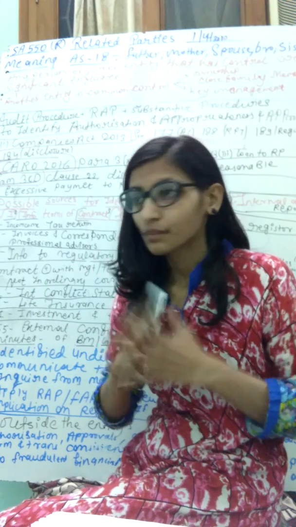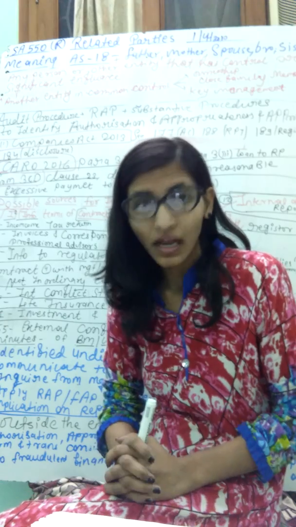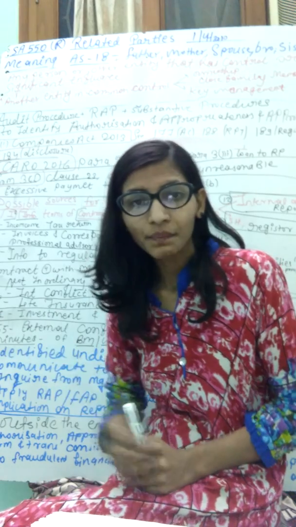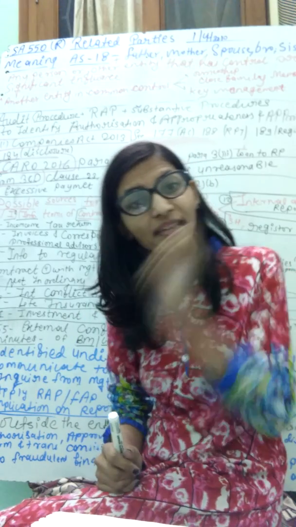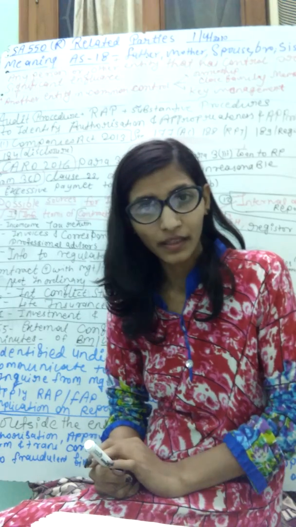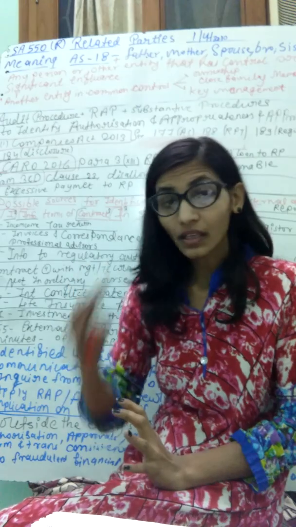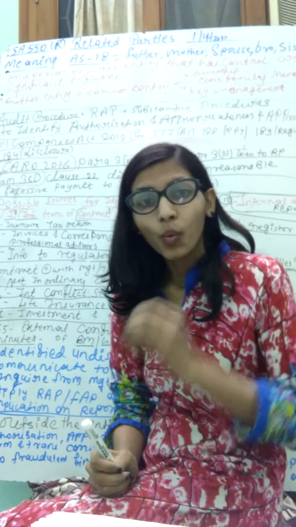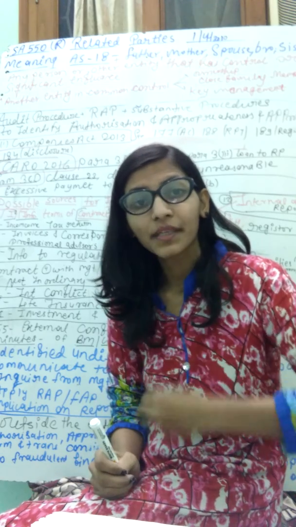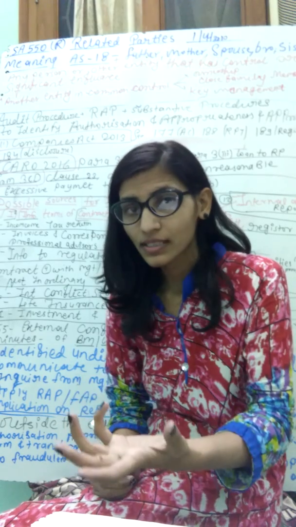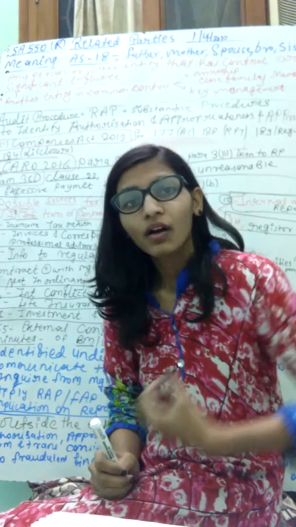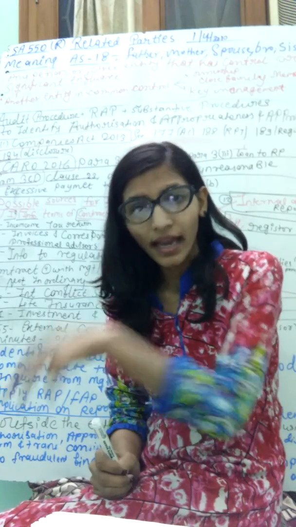But this is a big, complex task. So firstly, we check how management identifies the related parties. Then we check whether other applicable provisions are applied or authorized by the entity or not.